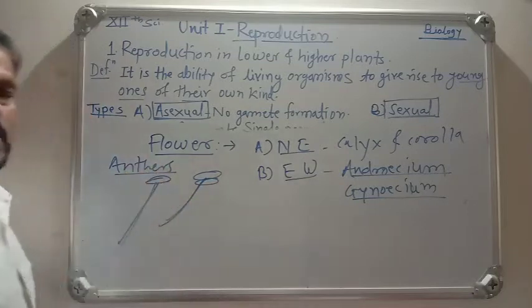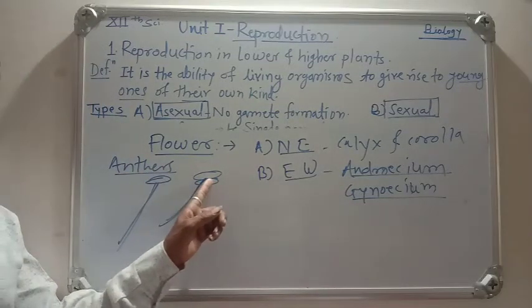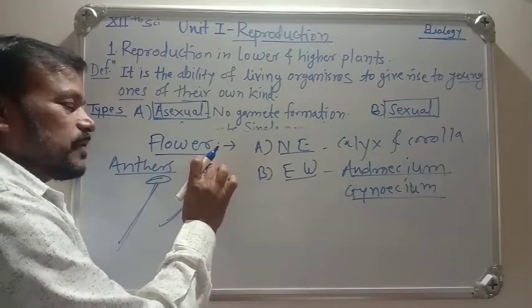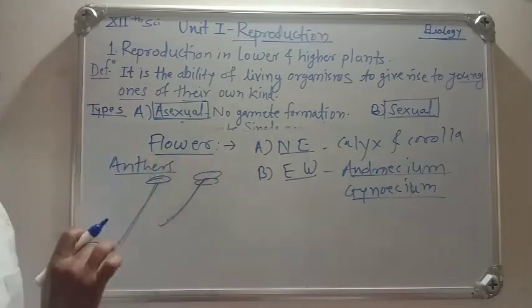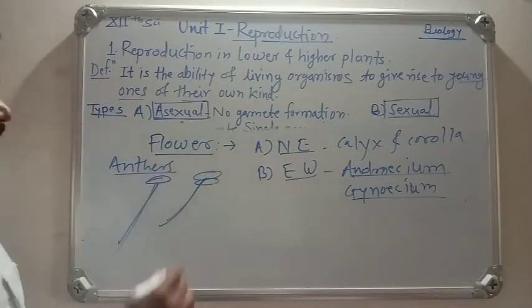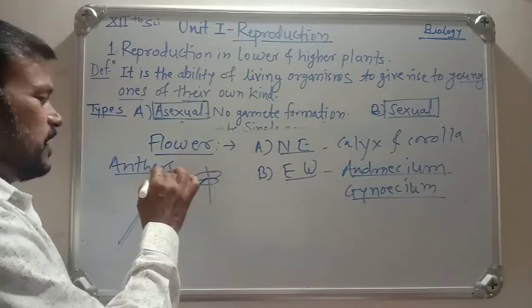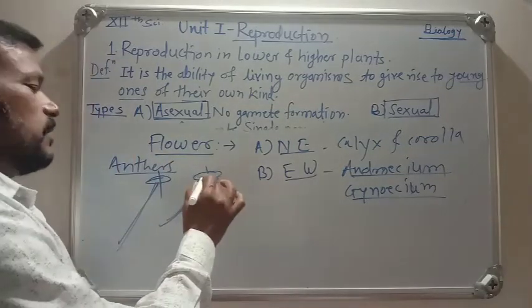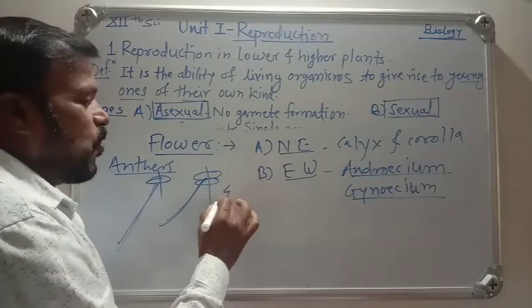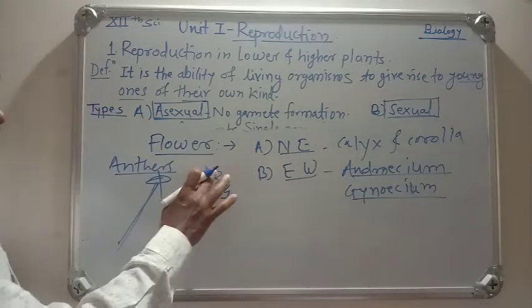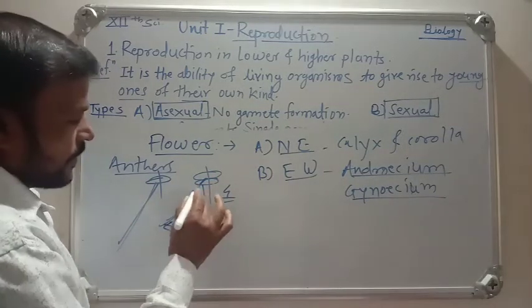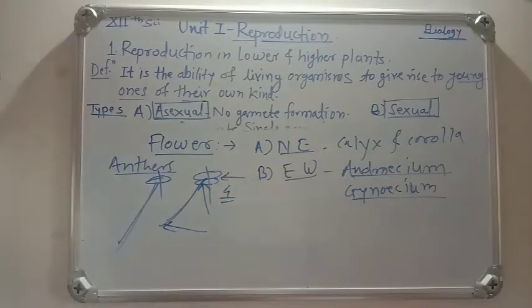That is, two chambers or bags are present in the dithecous, and a single bag-like structure in the monothecous. If you observe the internal structure, a monothecous anther consists of two chambers, and a dithecous anther consists of four chambers. And a single stamen consists of three parts: filament, connective and anther. This is the structure of the anther.